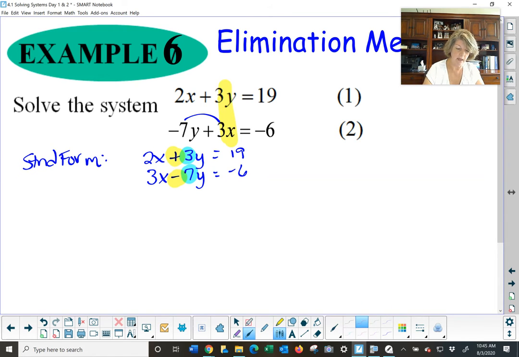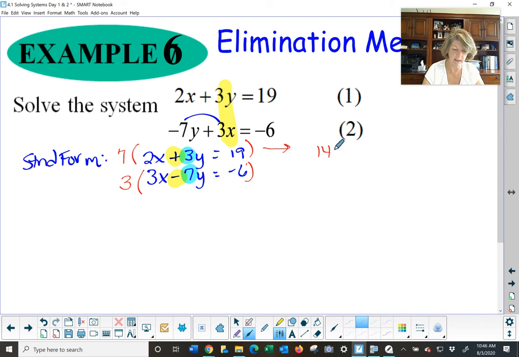Well, as long as we do the same thing to both sides of my equation, I'm going to be fine. So I'm going to multiply the first equation by 7. That'll give me a 21y. And I'm going to multiply my second equation by a 3. So here's what's going to happen.